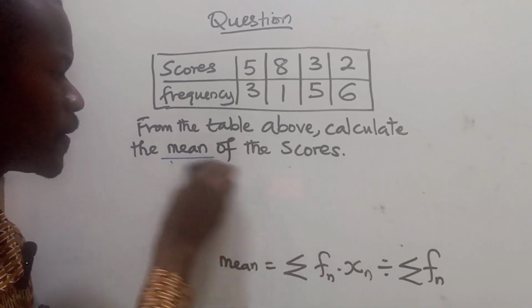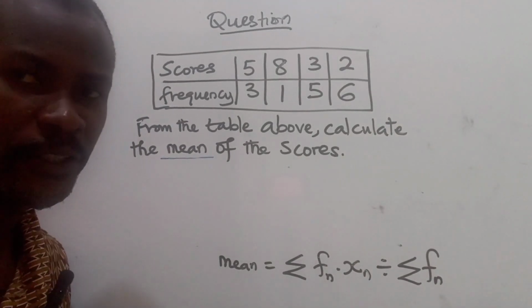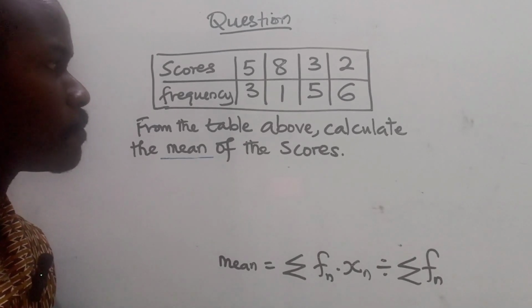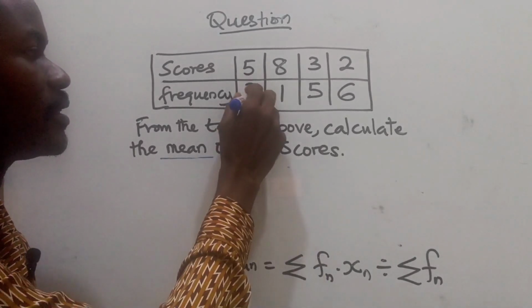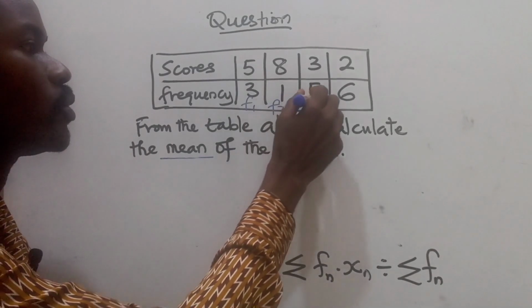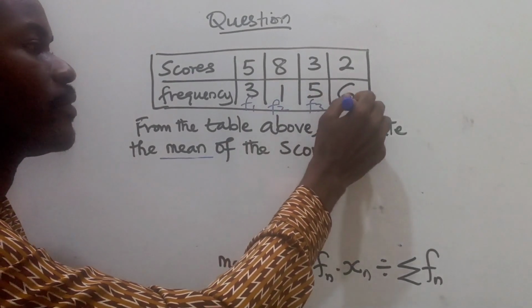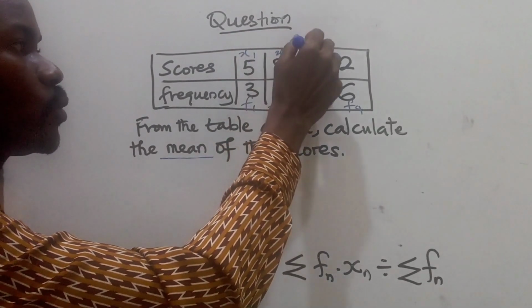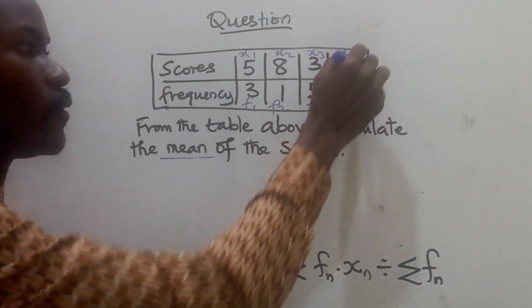If we want to apply this expression on what we have on the board, we have the frequencies F1, F2, F3, and F4, and we have X1, X2, X3, and X4.